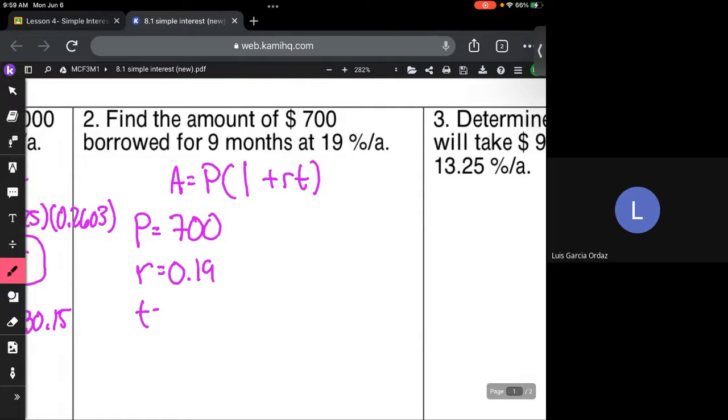And now my time, because it's not in years, I have to convert it into years. So how do I go from months to years? Divide by 12, which is 0.75, right? Okay.